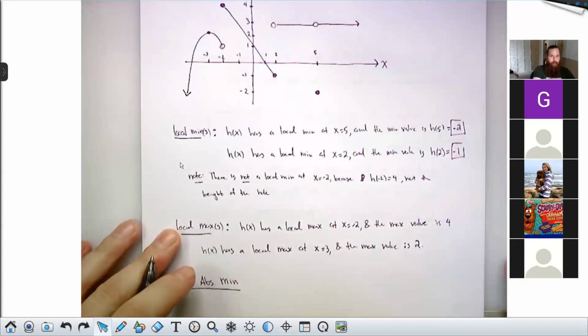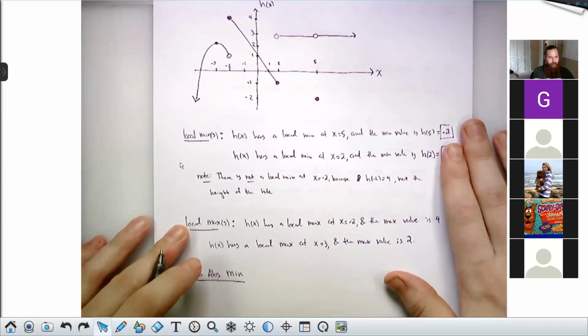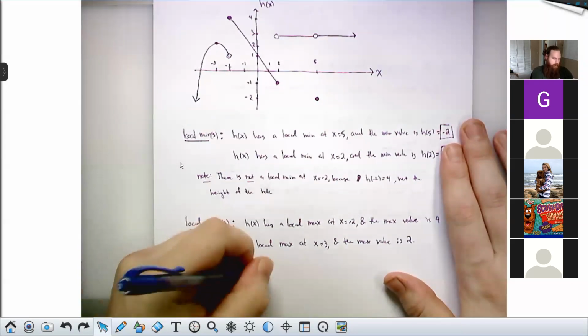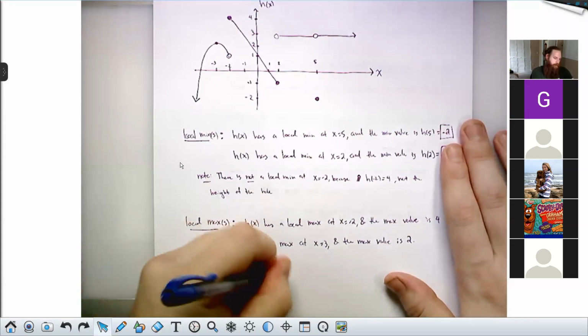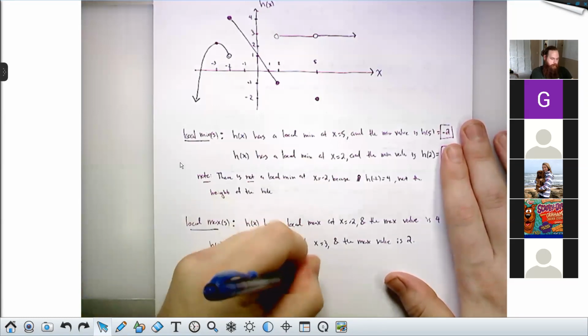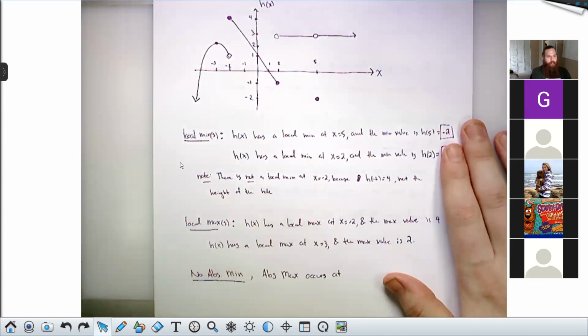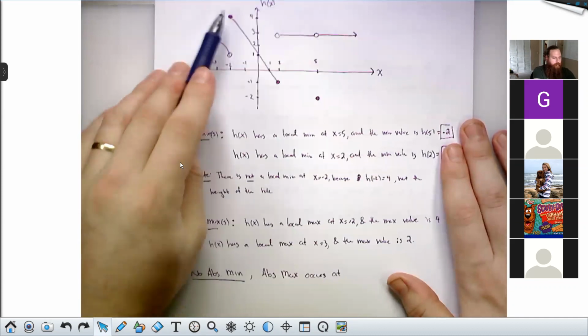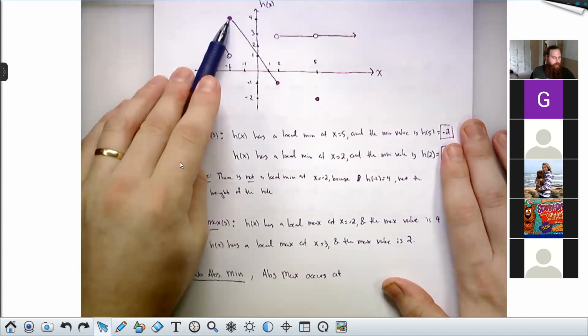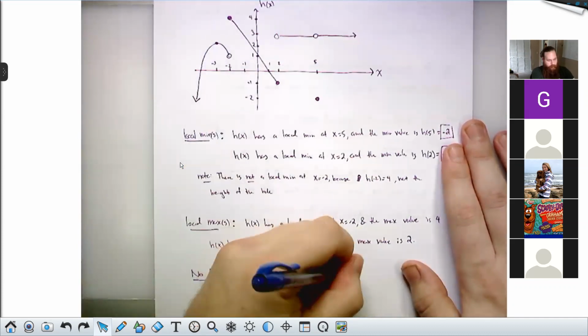Do we have an absolute max? Yeah, for the absolute max, you find the tallest point on the graph anywhere, and that's this guy. So it occurs at x equals -2.